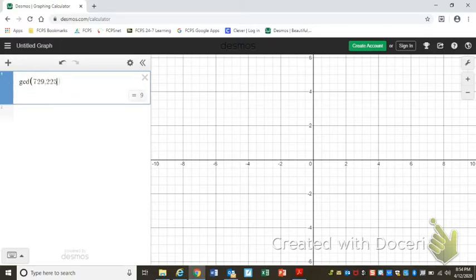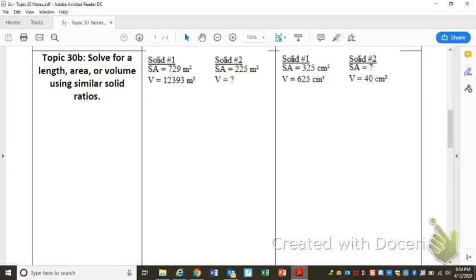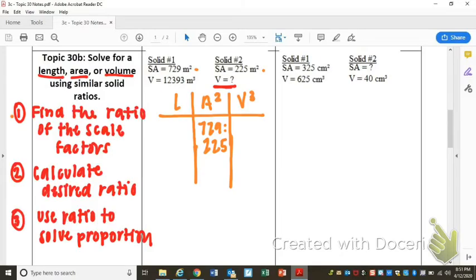All right, and notice they have a common factor of 9. So we're going to be able to divide 9 out of both of them. So I'm going to go back here. We're going to divide 9 out of both 729 and 225, and that's actually going to give you 81 to 25. And that's going to help us a lot going forward.